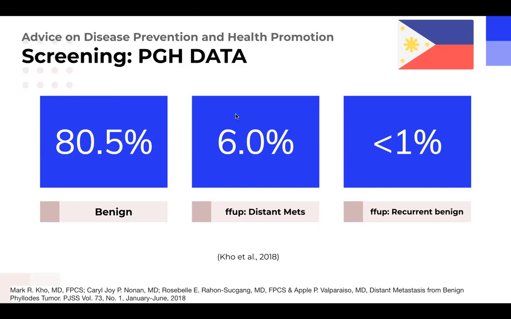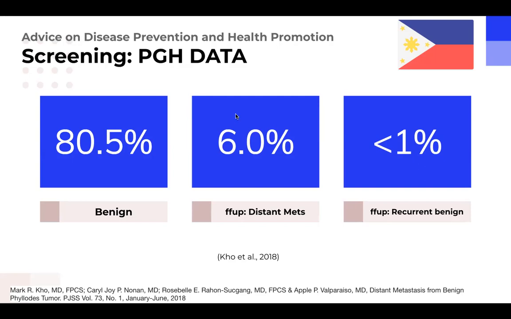When you say 1%, it's only local recurrence, because distant mets is a kind of recurrence, right? Yes, sir. So the recurrent benign, it's diagnosed as benign, and then you have recurrence. It's a local recurrence. Yes, sir.